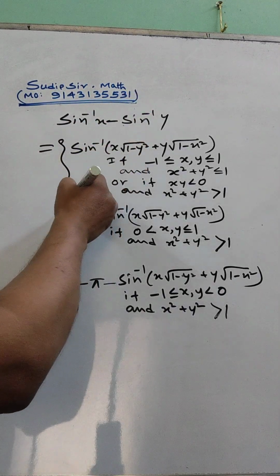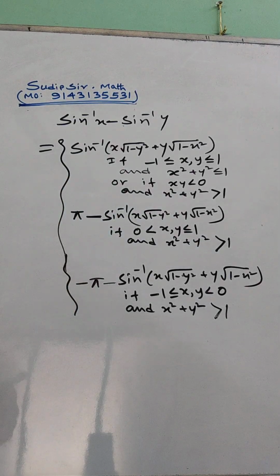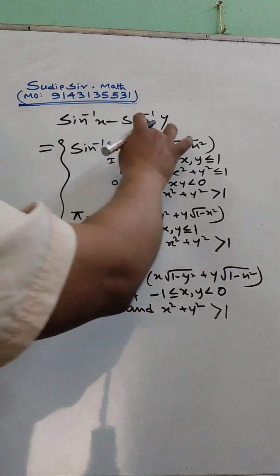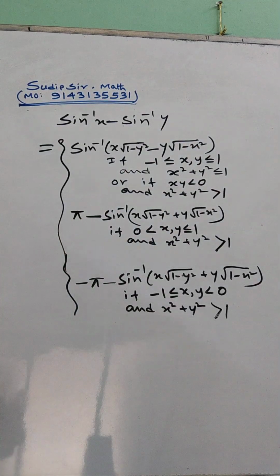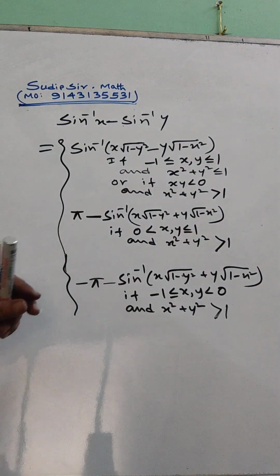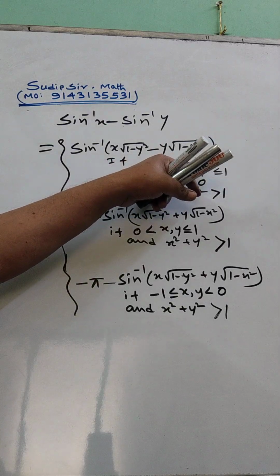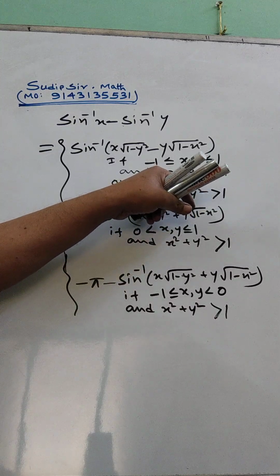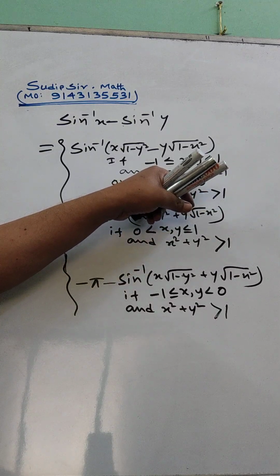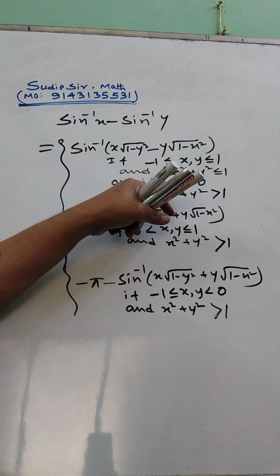Similarly, for minus, sin⁻¹x − sin⁻¹y, this formula will be used, but we have to check that x, y lie between −1 and 1 and x² + y² ≤ 1, or this portion will change.